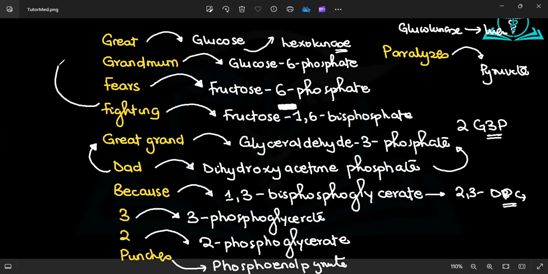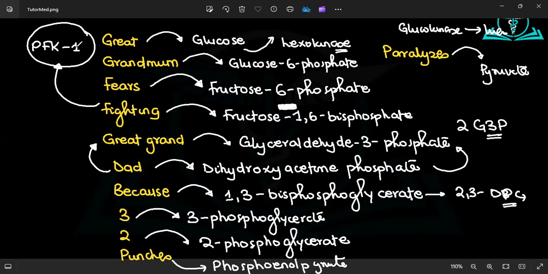Phosphofructokinase. You're not done. Kinase 1. Remember that there are two: phosphofructokinase 1 and phosphofructokinase 2, isn't it? Yes, Doc. So that is PFK1, and that is the rate determining step for glycolysis.